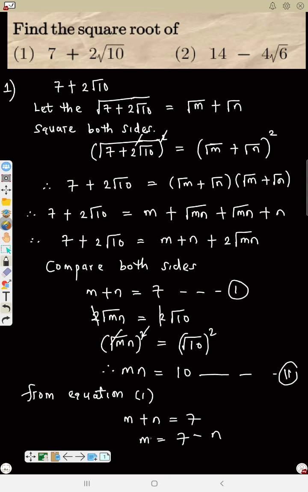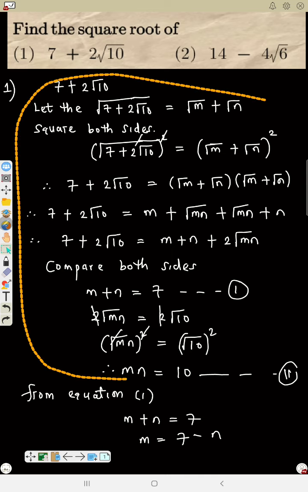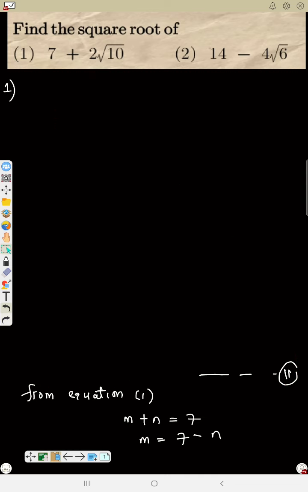So anywhere you see m in equation 2, put 7 minus n. So we have mn is equal to 10. But we have already seen that m is 7 minus n. So I will have 7 minus n, bracket n, is equal to 10.